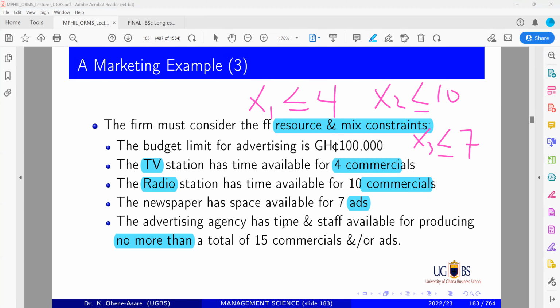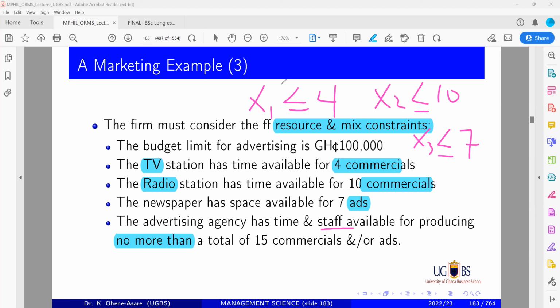the agency has time and staff available. Now, the word time and staff is used because we are dealing with commercials and advertising, for the print, the newspaper, for producing no more than a total of 15 commercials.